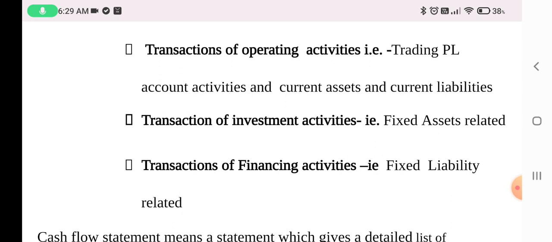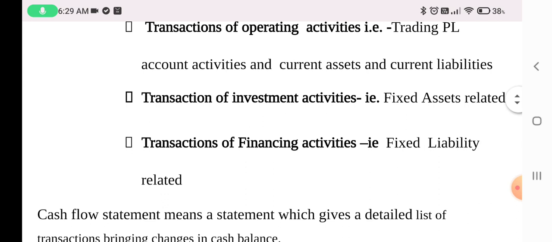So another one is financing activity, the transactions related to the liability side. So liability, that is a loan and creditors, whatever it is, fixed liability. So you are raising a new loan, so your cash amount is coming inside, and when you repay the loan, then the cash amount is going out. So the balance will be changed.